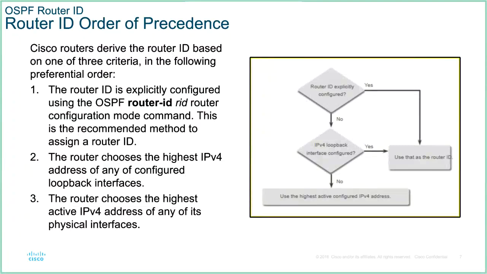Now, one of the little problems we have on point 3 is if that router ID is chosen via an active interface, and for some reason that interface becomes inactive, so does the routing process, because it no longer has a valid ID. So it's best practice to manually configure your device.